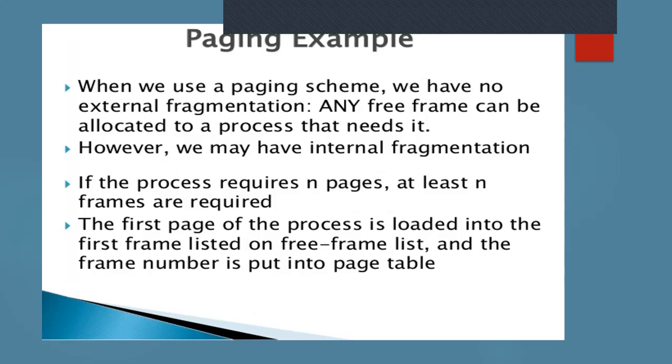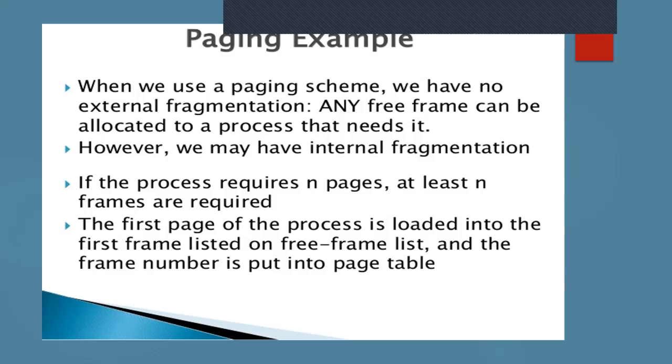When we are using a paging scheme, we have no external fragmentation. Any free frame can be allocated to a process that needs it. However, we may have internal fragmentation. If the process requires n pages, at least n frames are required.